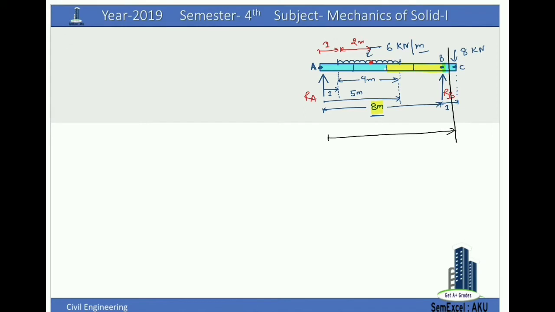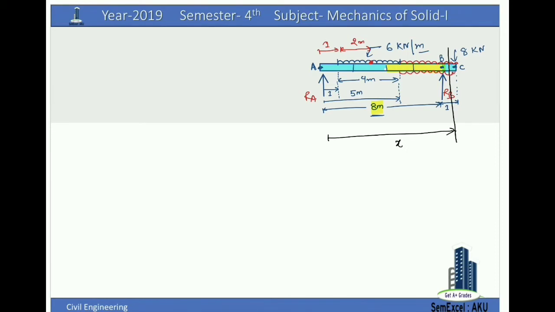This is the X distance, and we will write the moment at X. To simplify this, what I am doing is I am applying one UDL from this point to point C and another UDL in the opposite direction to nullify it up to C.